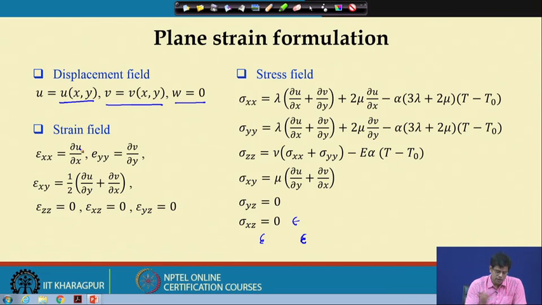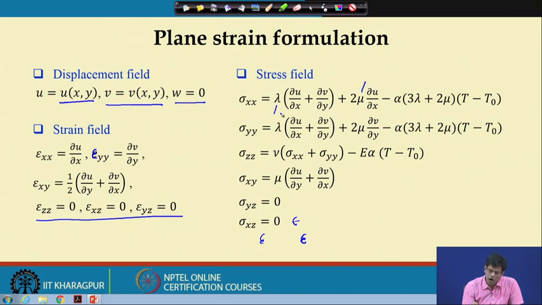So, del u del x is my epsilon xx, del v del y is epsilon yy, and epsilon xy, the shear strain, is half of del u del y plus del v del x, and these are the assumptions. Now, similar to that, if I now do the stress field, I just have to substitute into the Duhamel-Newman relation. If I substitute, then this is my first Lamé constant and this is my second Lamé constant.